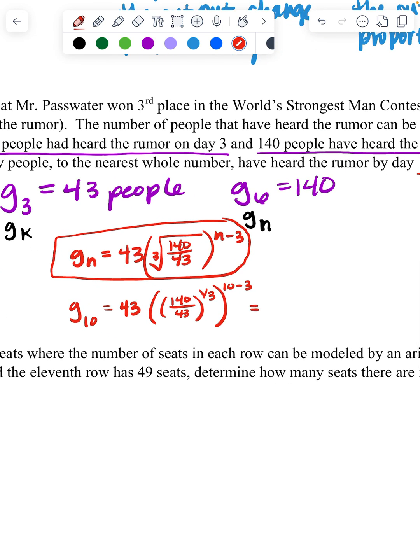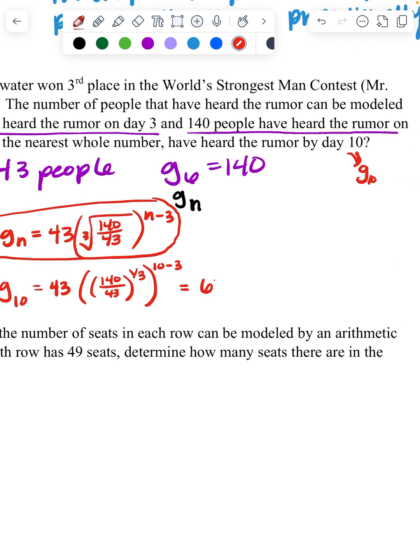Okay, so if we punch this into the calculator, we should get 675.576. The question asks us to go to the nearest whole number, so we will have to round this one up. And we can say on day 10, there should be about 676 people.